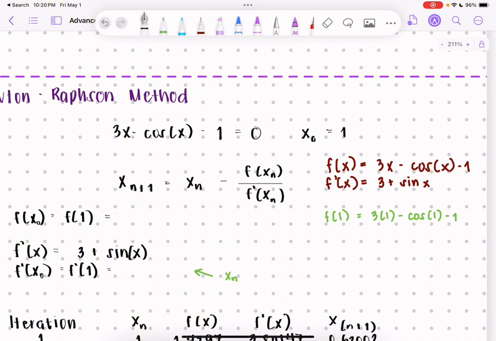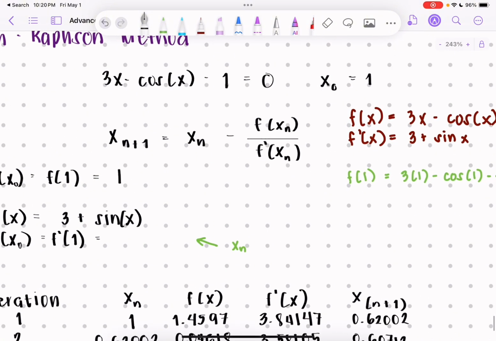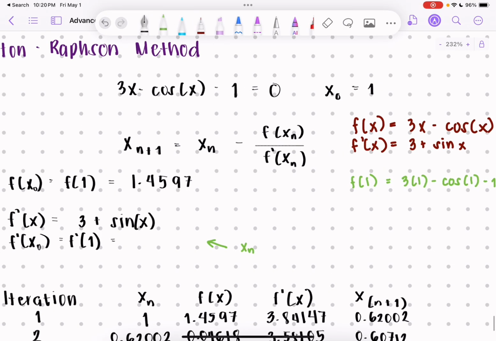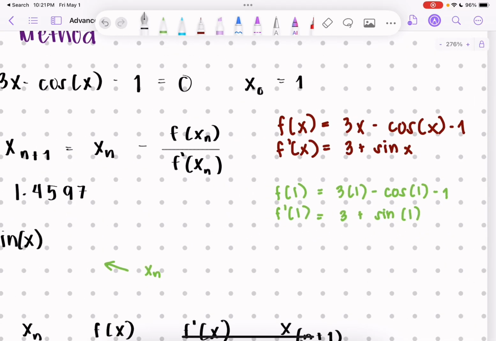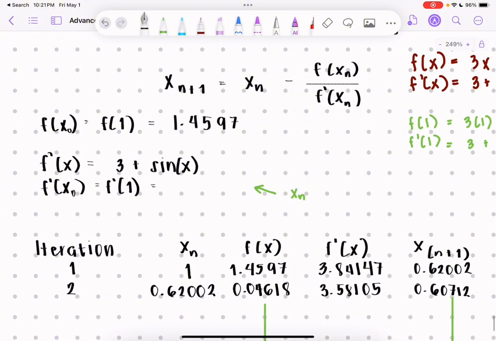That would give us 1.4597. And solving for f prime of x, that would be 3 plus sine of 1. And solving that would give us 3.84147.